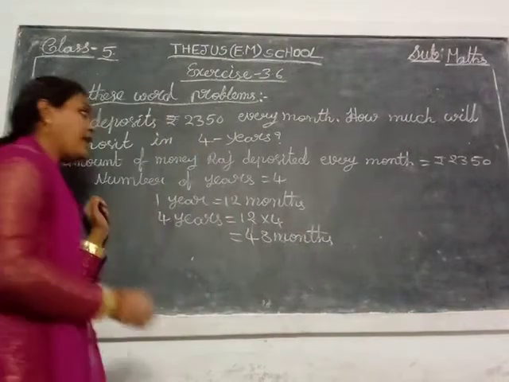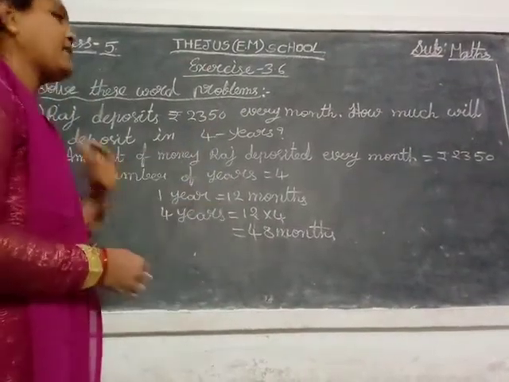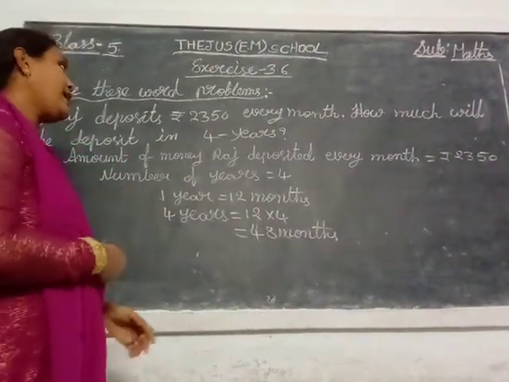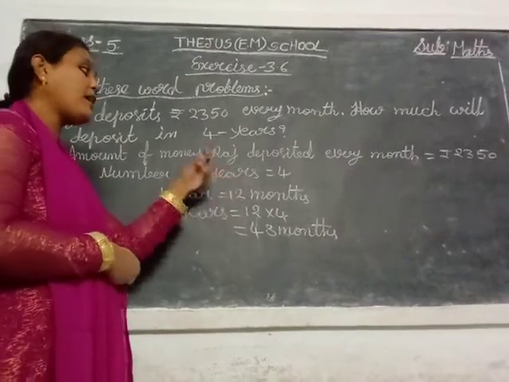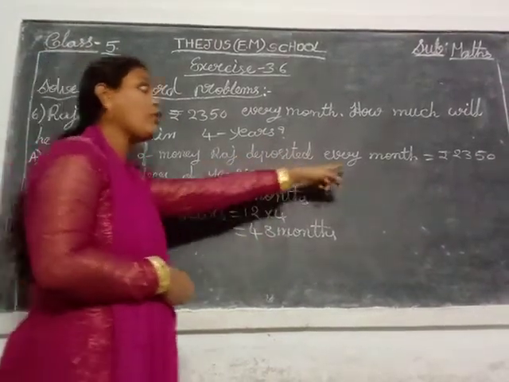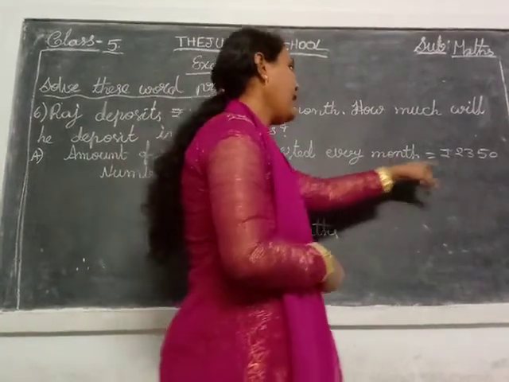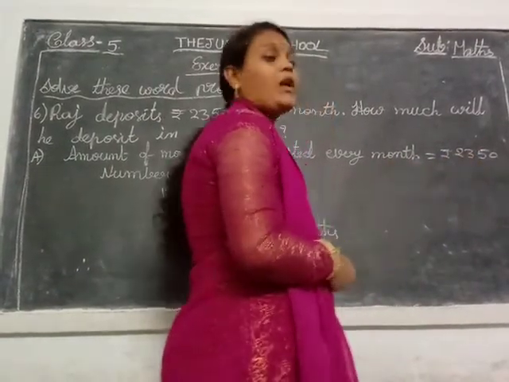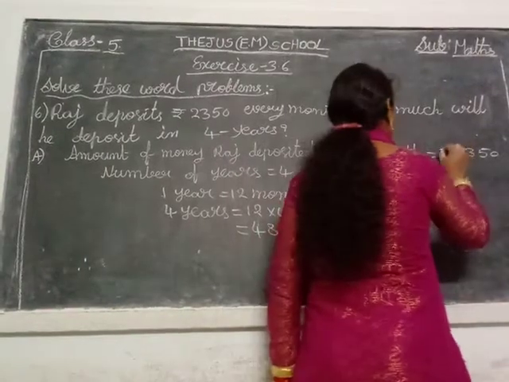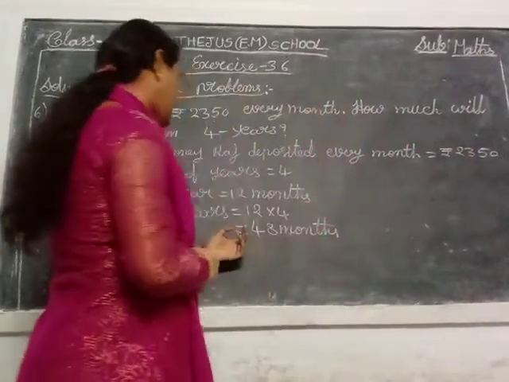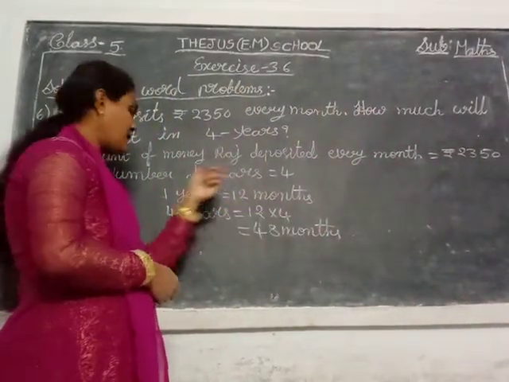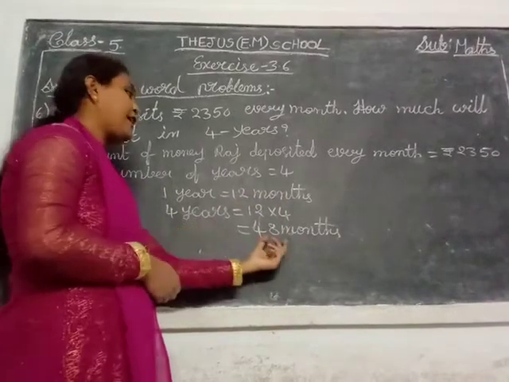So he gave years, but he asked months. Okay. So how many years? 4 years. How many months? 48 months. But he gave only monthly rupees, how much amount he deposited monthly. Okay. So first these years you converted into months. 1 year is equal to 12 months and 4 years is equal to 48 months.